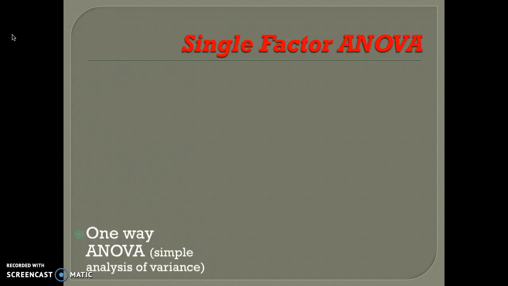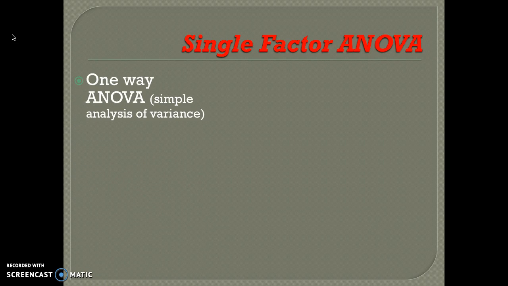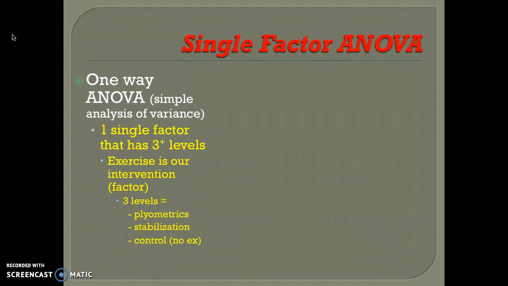Your text and videos discuss 2 types of ANOVAs, a single factor ANOVA and a factorial ANOVA. Our one-way ANOVA, also referred to as a simple analysis of variance, utilizes a single factor that has 3 or more levels. One-way refers to one independent variable. Sometimes we hear about two-way ANOVAs or three-way ANOVAs. This would indicate we have 2 or 3 independent variables, respectively.